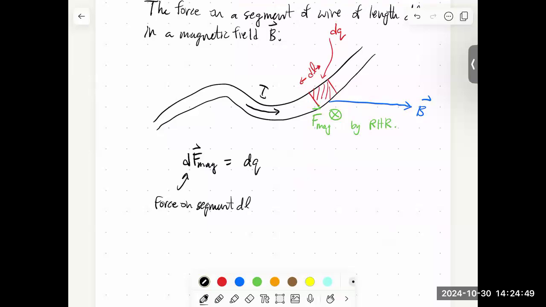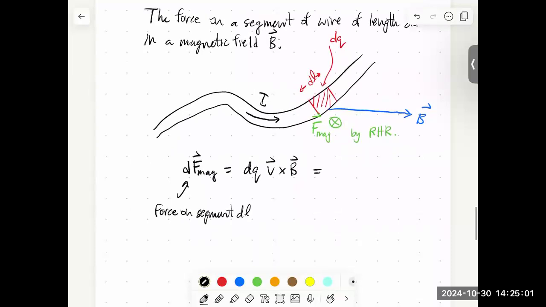It's going to be dq, whatever that is, times v cross B. Well, if we have a charge per unit length, and we know that the length is dl, then I can take my charge per unit length, multiply by dl, and that tells me how much charge I have.